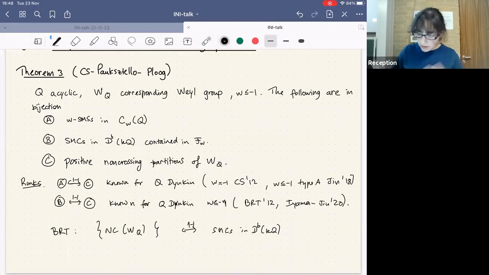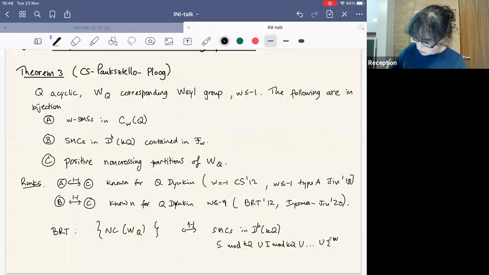So basically, we include the injectives in the last copy: this is mod KQ, shift of mod KQ, up to. So this result is a specialization of this.